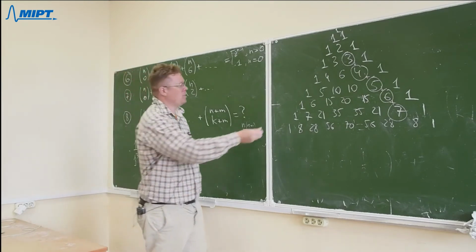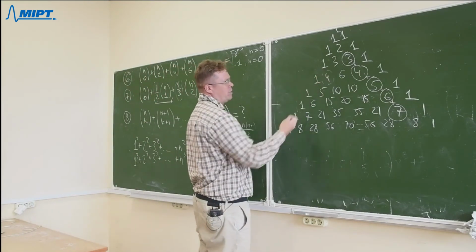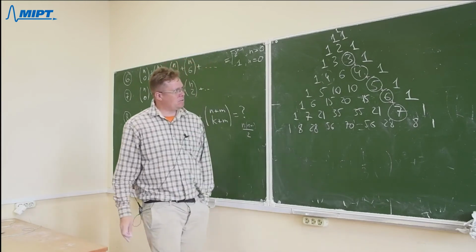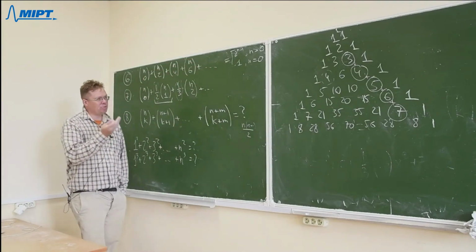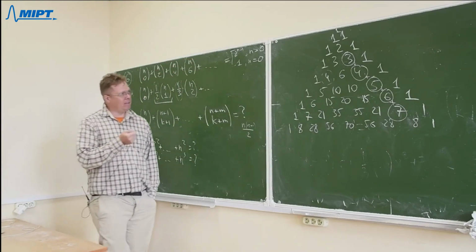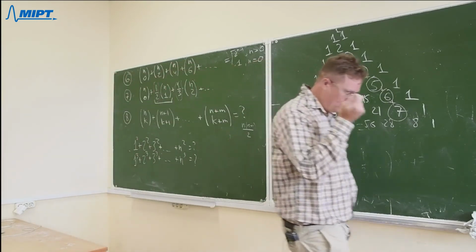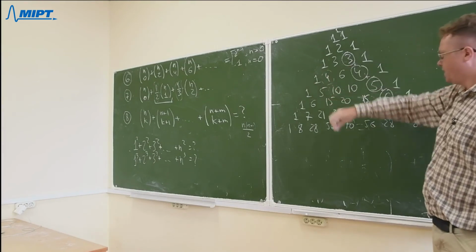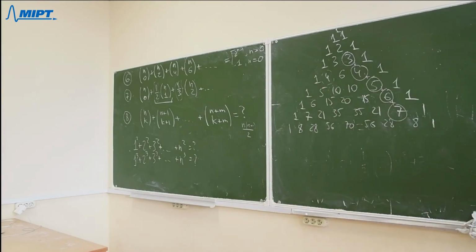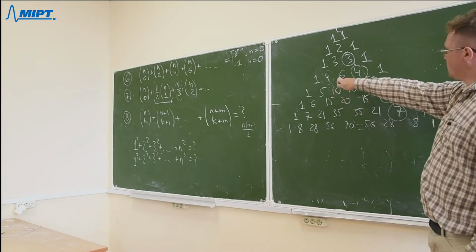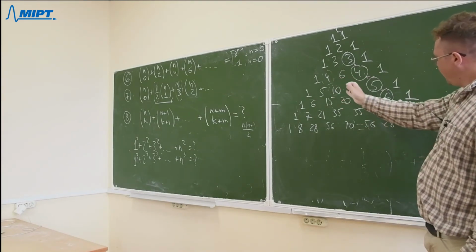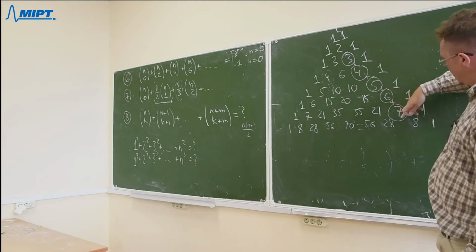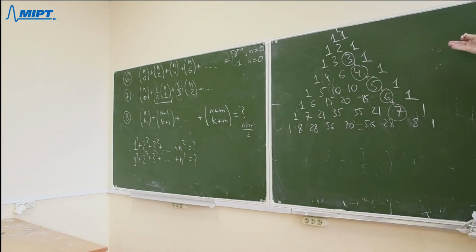But of course, if I choose an arbitrary element, I cannot use it. I want to choose elements such that I can use the main property of the Pascal triangle. If I took an arbitrary number, it doesn't help me at all. But which element can I add to the sum so that I can use the main property of the Pascal triangle?